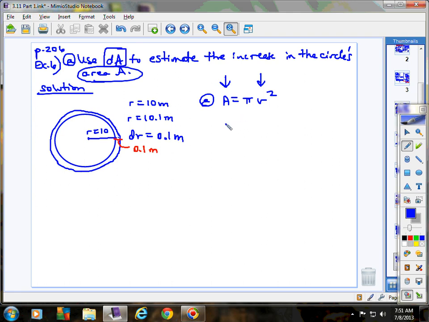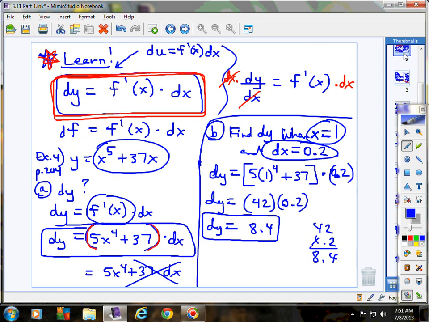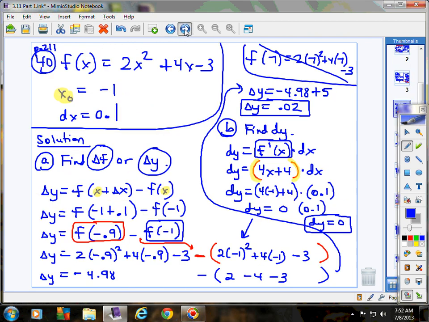So before we find dA, let's write our formula for dy. What's the formula for dy? f prime of x times dx. dy equals f prime of x times dx. dA equals f prime of r dr for our problem.